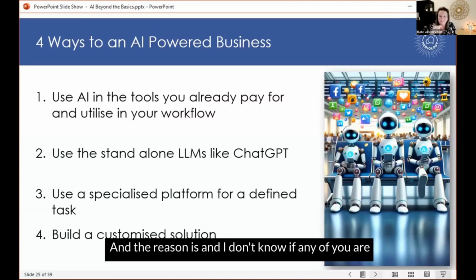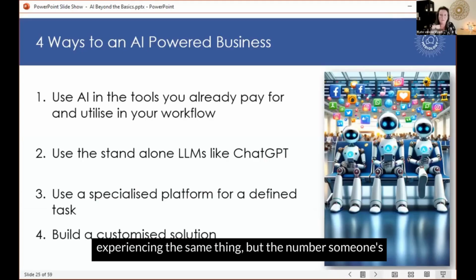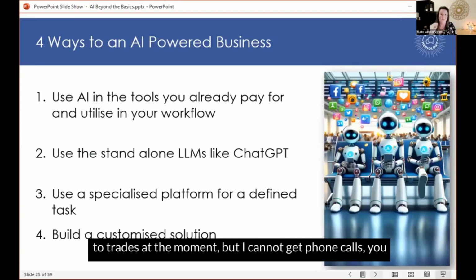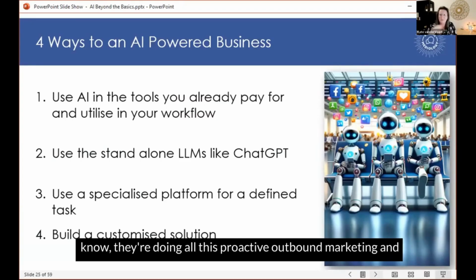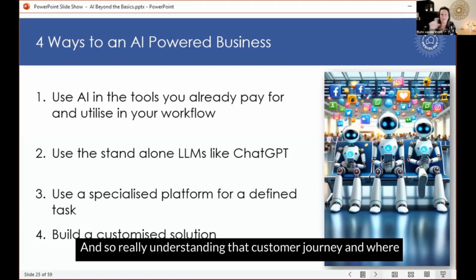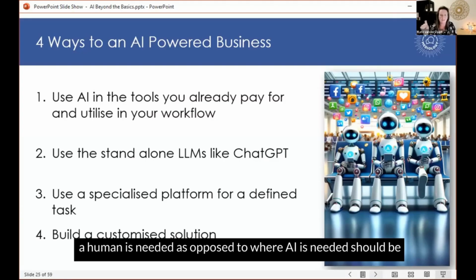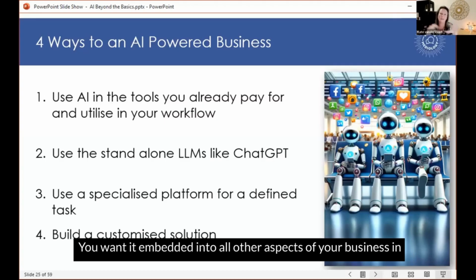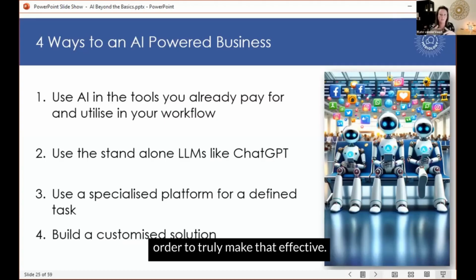And the reason is, I don't know if any of you are experiencing the same thing, but someone's obviously out there selling AI customer service solutions to trades at the moment, but I cannot get phone calls. They're doing all this proactive outbound marketing and then you contact them and it never hits a person. So really understanding that customer journey and where a human is needed as opposed to where AI is needed should be the last piece of the puzzle. You want it embedded into all other aspects of your business in order to truly make that effective.